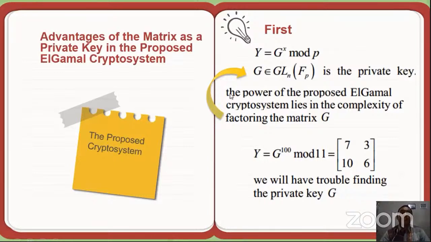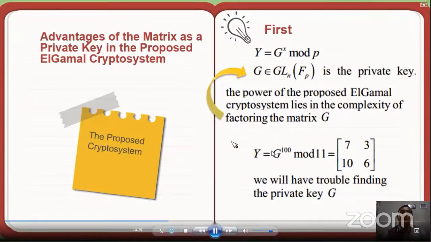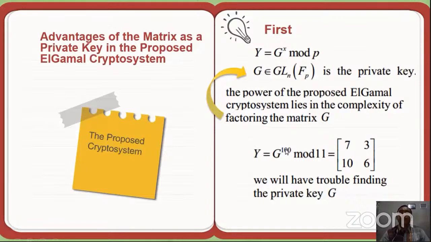So the strength of the proposed ElGamal crypto system lies in the complexity of factoring the matrix G. If we have Y equals G matrix power 100 modulo 11 with entries 7, 3, 10, 6, we will have trouble finding the private key G, because in algebra or mathematics, the root of a matrix has not yet been found.